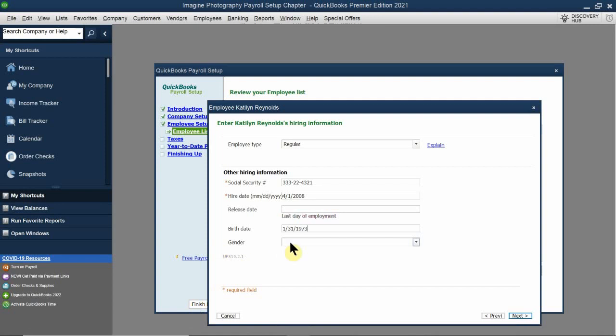And then gender. Notice this. The reason they ask for gender is not so they can segregate you, but for the key components of statistics.